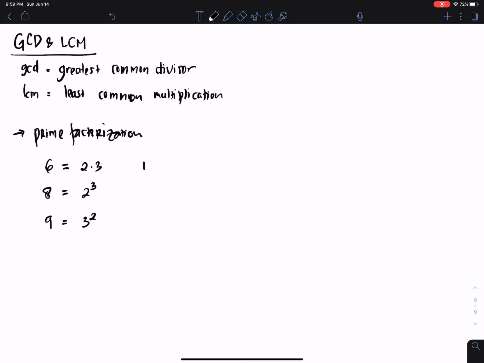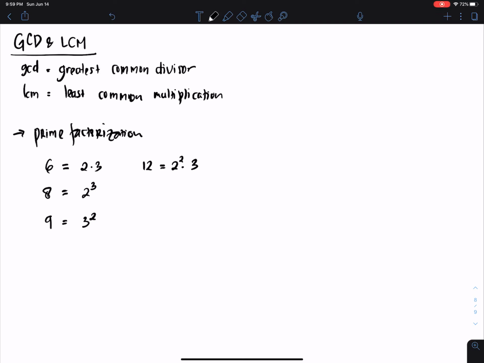Another example, 12, will be 2 to the power of 2 times 3, because it's 2 times 2 times 3.